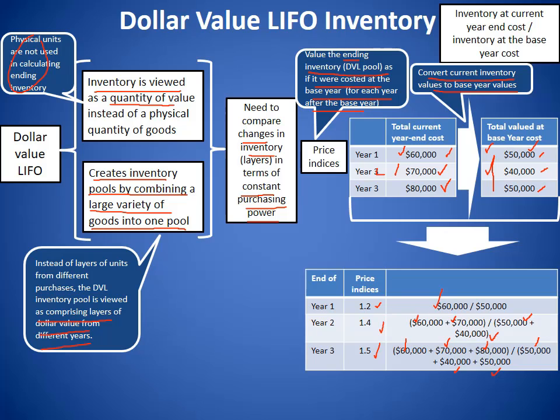So these indices are a way of basically shrinking back the different levels of current year costs to base year costs. With that, that's as far as I'm going to go in explaining dollar value LIFO. If you want to go over the dirty details, go ahead and review that separate video.